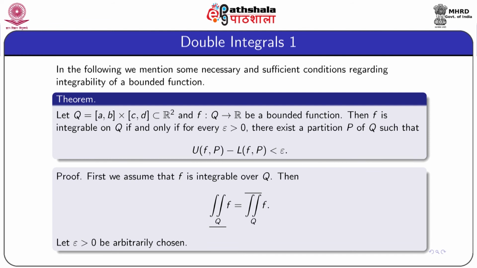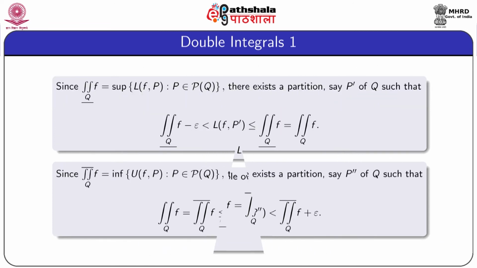We start the proof. First, we assume that f is integrable over Q. By definition, the lower and upper integral must be the same. We choose an arbitrary positive epsilon. Since the lower integral of f is defined by the supremum of LFPs, we can find a partition P' of Q such that lower integral of f minus epsilon is less than LFP' ≤ lower integral of f over Q, which equals the integral.